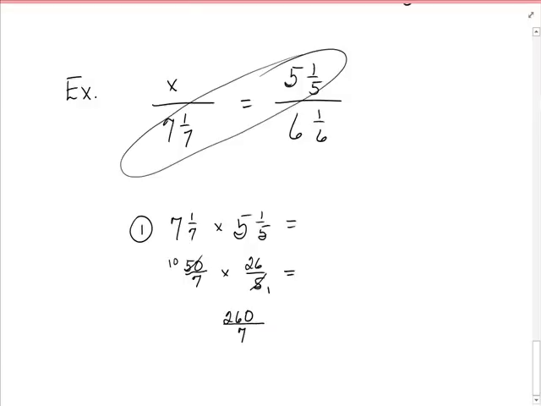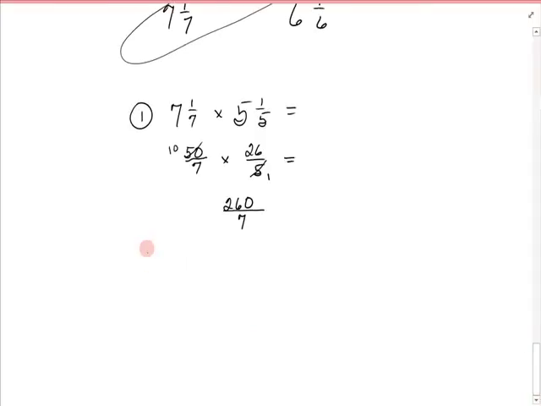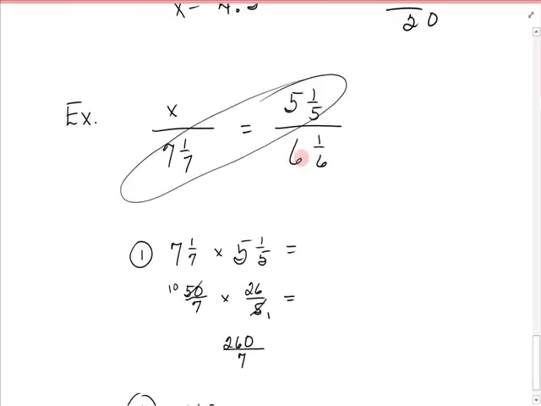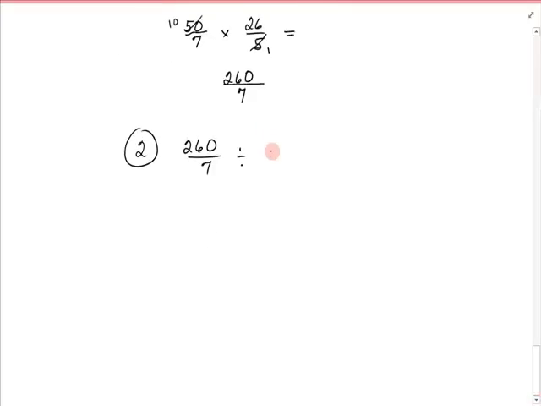Now, leave that. You're going to use it because step number 2 is to take that 260 over 7 and divide it by the number you haven't used yet, which is 6 1/6. Once again, I need improper fractions.